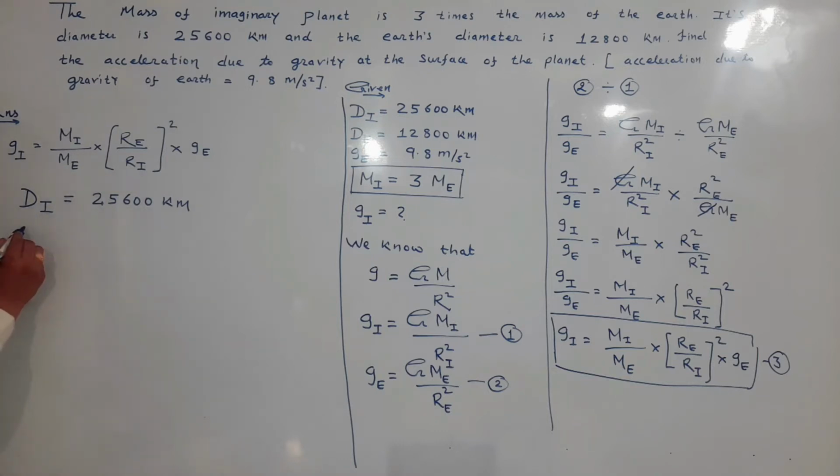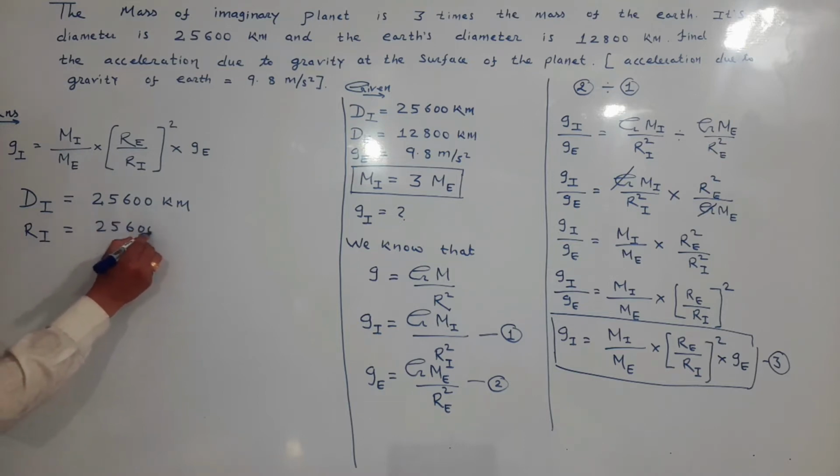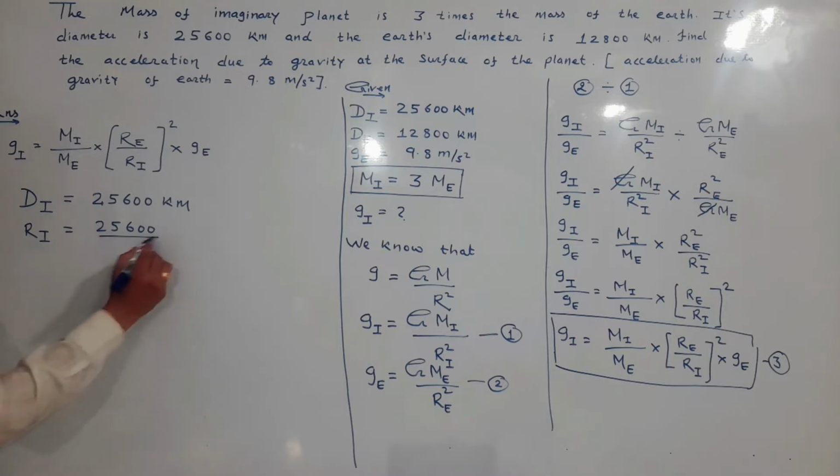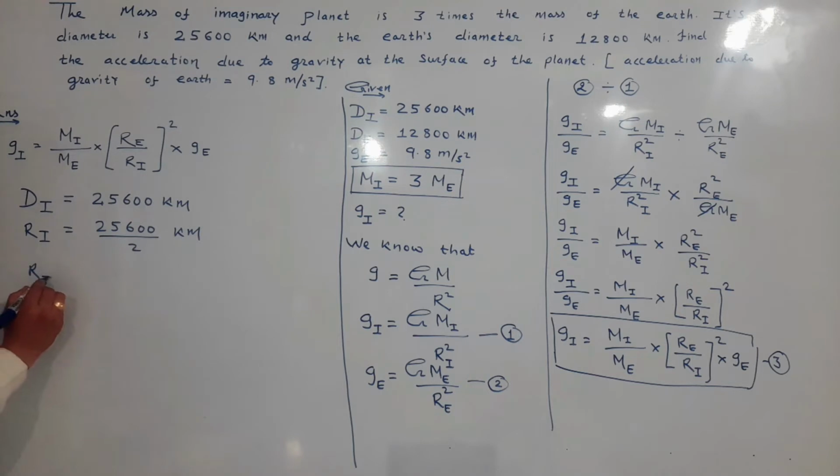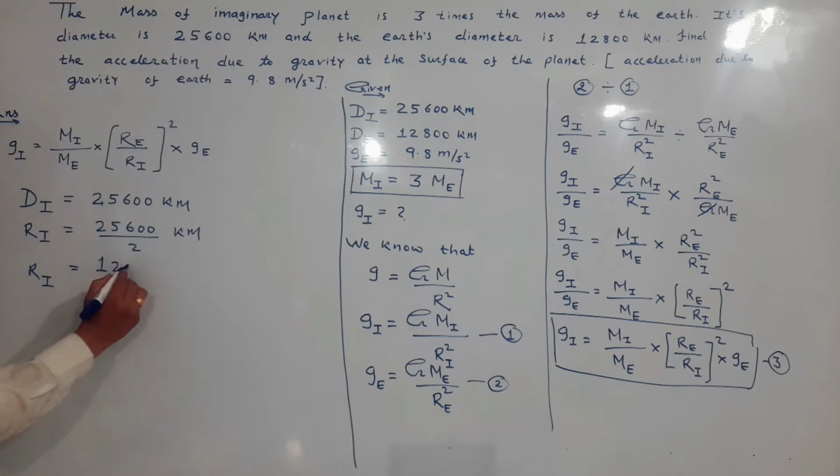So from this we can find the radius of the imaginary planet, that is Ri is equal to 25600 divided by 2 kilometer, and if we solve this, we will get 12800 kilometer.